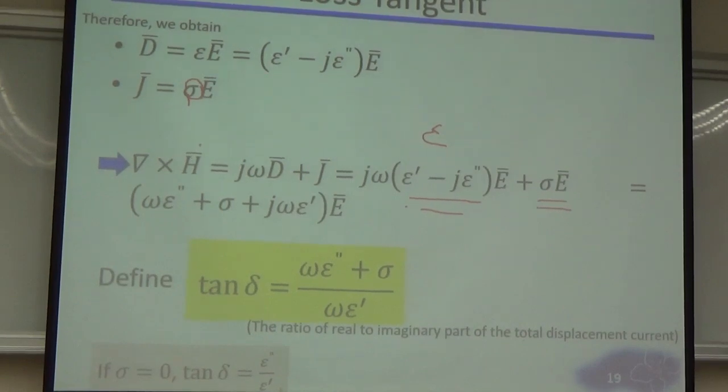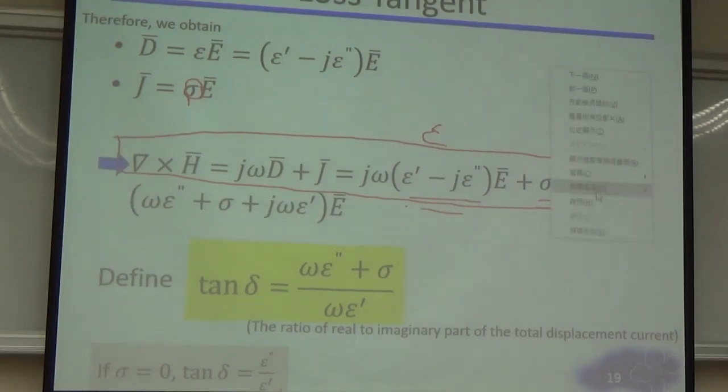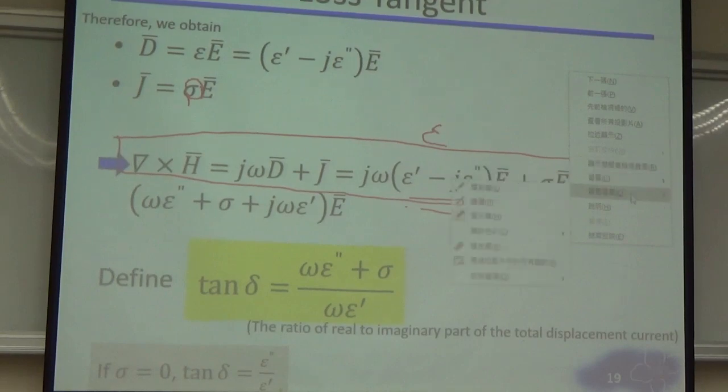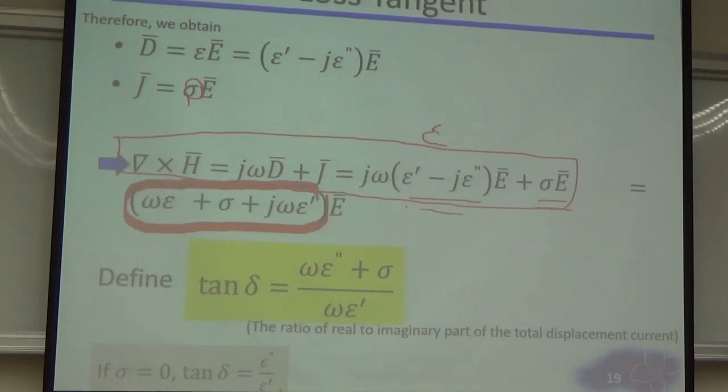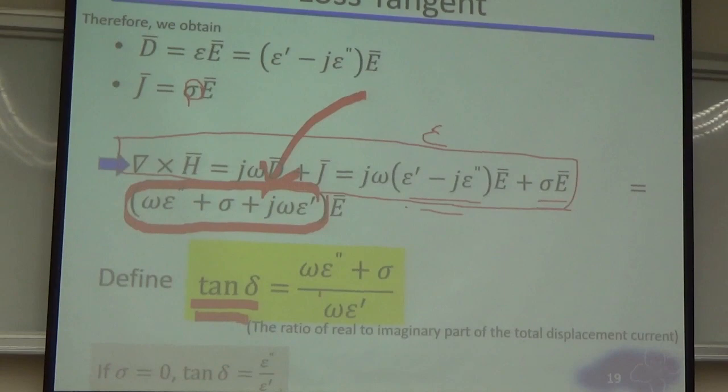Your second Maxwell equation will become this form, which is a complex number multiplied by your E. The definition of loss tangent equals the imaginary part of this number divided by the real part.